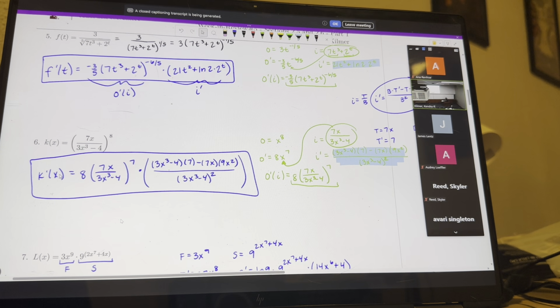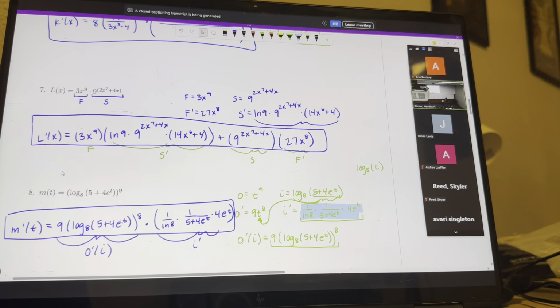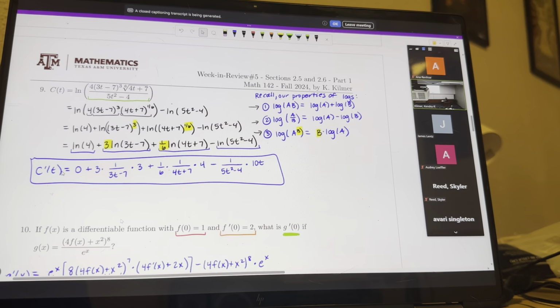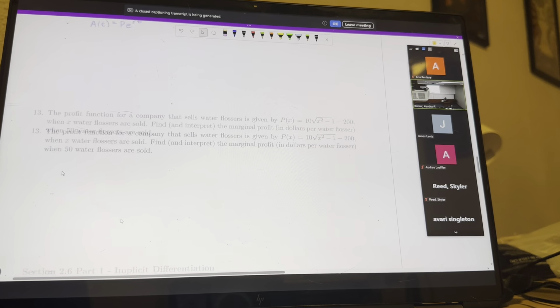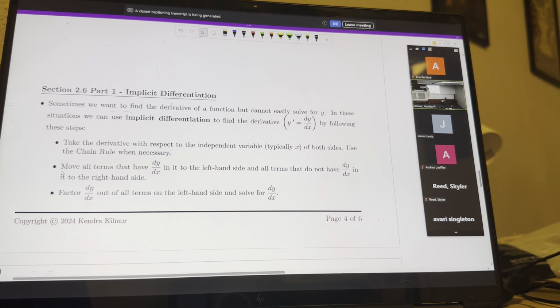We didn't have both the independent and the dependent variable mixed throughout the equation. The need for implicit differentiation is when we can't do that. We can't solve the equation for y, and so it gives us a way to find the derivative without being able to solve the equation for y.